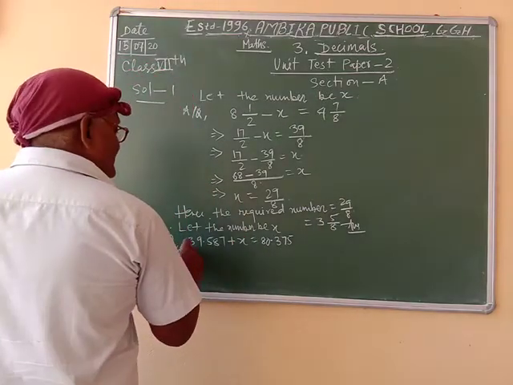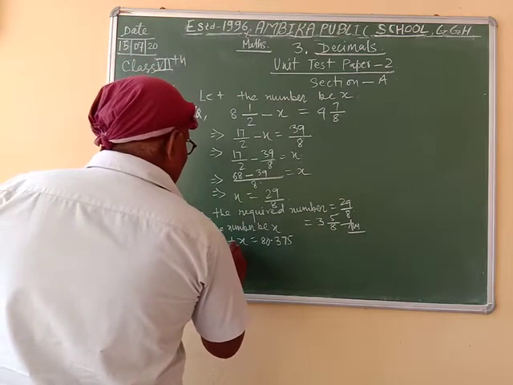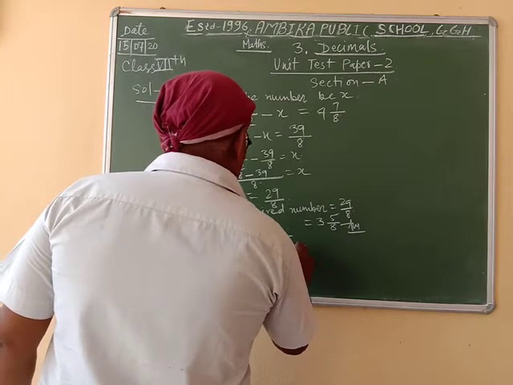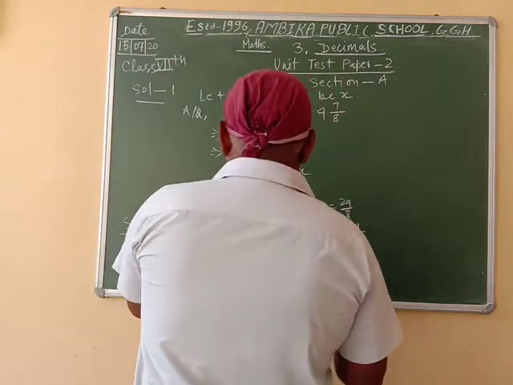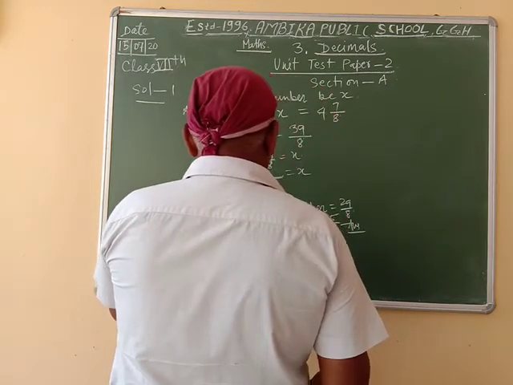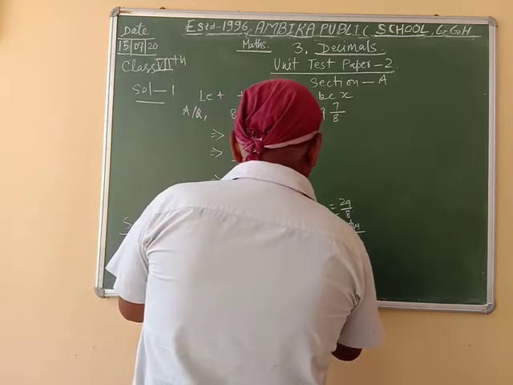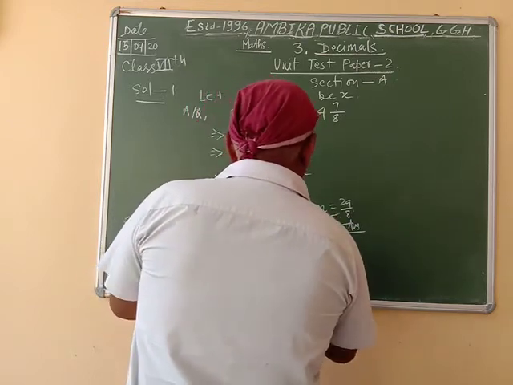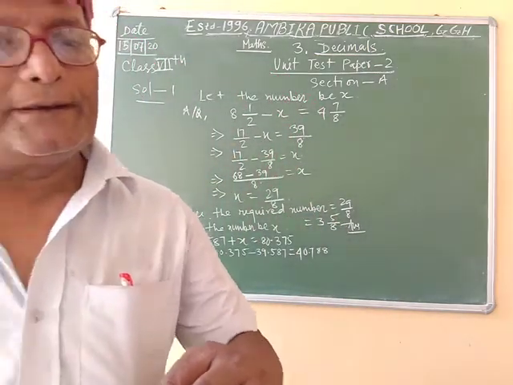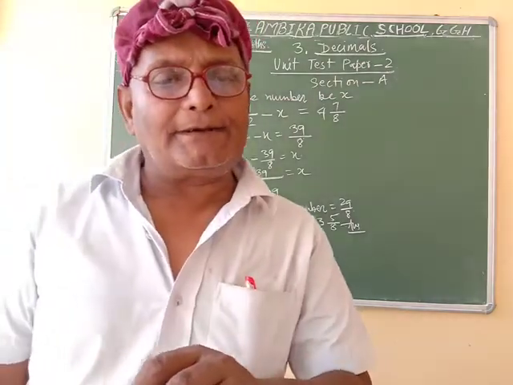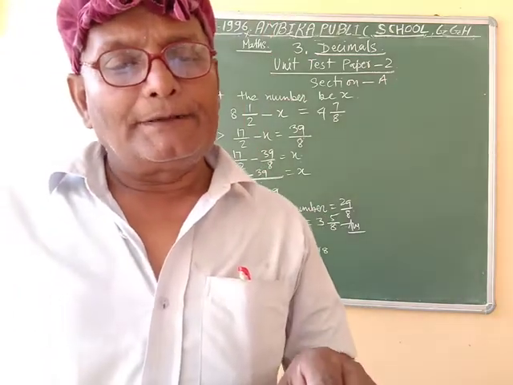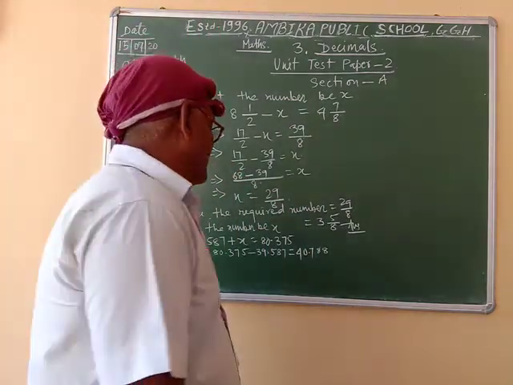Now x is equal to 80.375 minus 39.587, which is equal to 40.788.